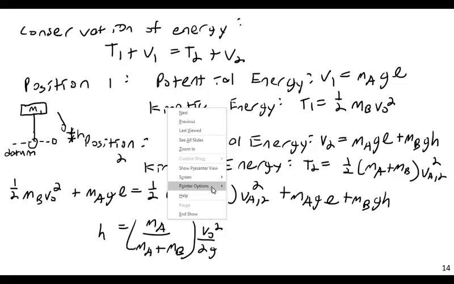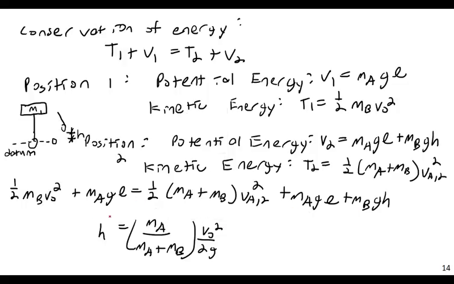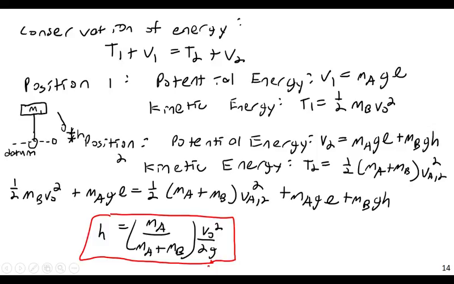And that is a final expression for the maximum height of the pendulum ball in terms of the initial velocity, G, and so on.